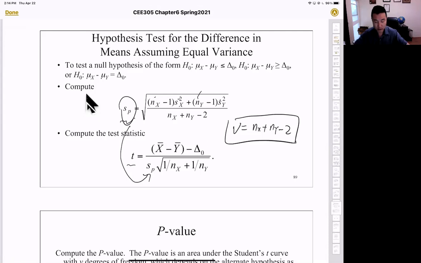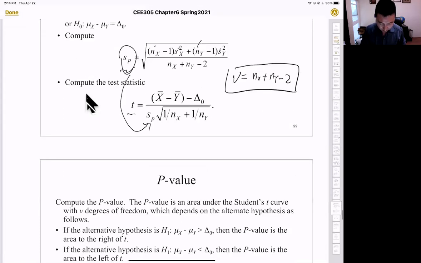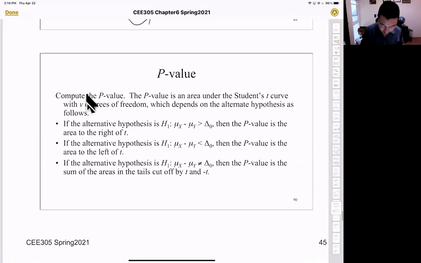So you can use this information to look at table 8.3 to find the p-value. It is exactly the same, depending on how each one is set up: larger than is to the right of t, less than is to the left, not equal is the sum of two tails.